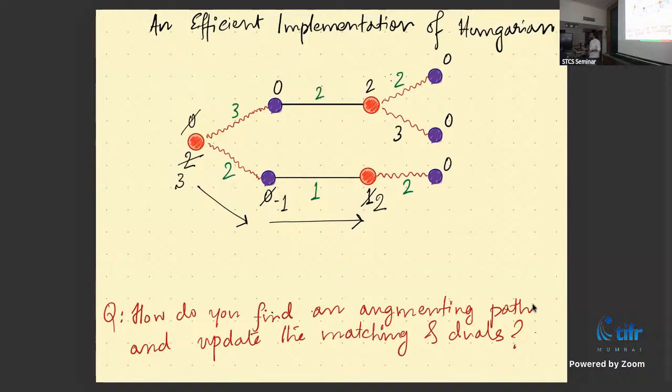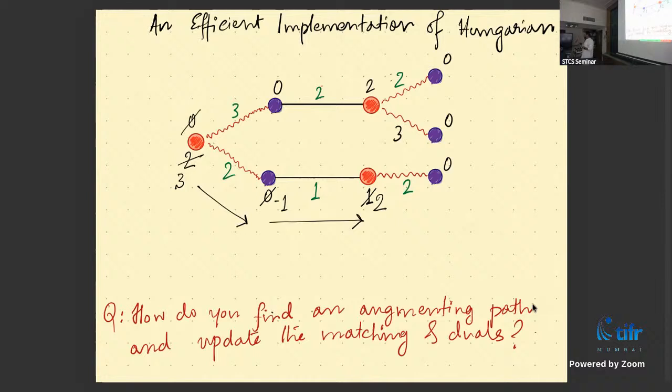You would have chosen one for the purple vertex. The free vertex. Good. So what you are asking is why didn't I raise the dual for the blue vertex, right? That is something the Hungarian algorithm does not do by design. Okay?